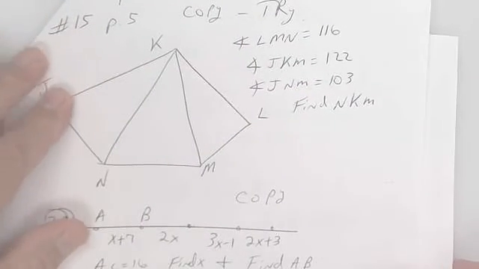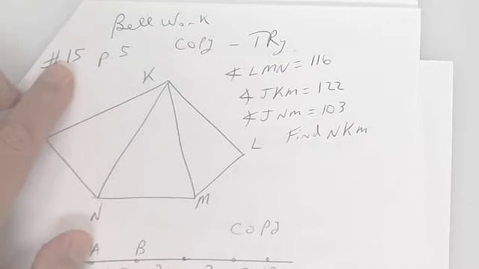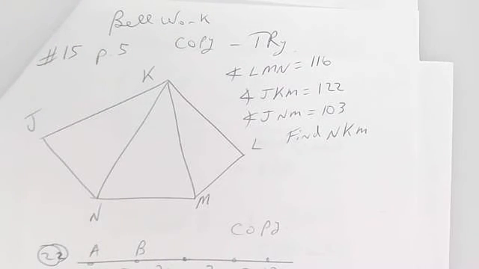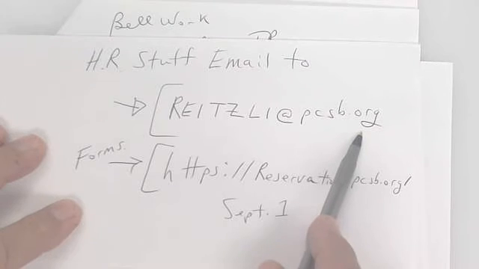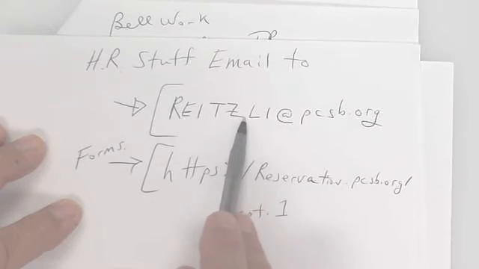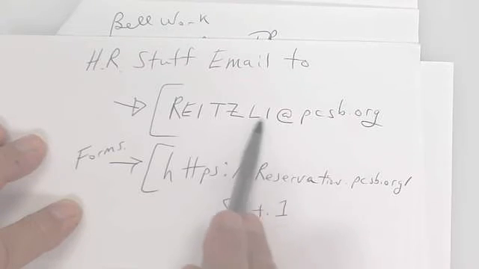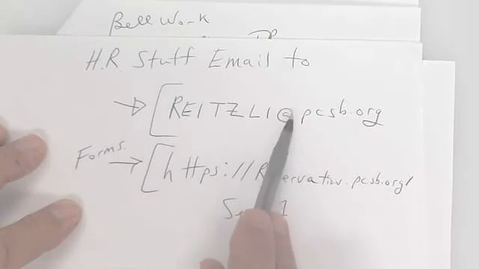All right, geometry, I wanted you to work number 15 again. And this is on page 5. And before we get started, let me just say that if you have some homeroom stuff, okay, 4th period, you're going to email it to this lady, with the exception of that yellow one that I gave 4th period. That comes back to me.